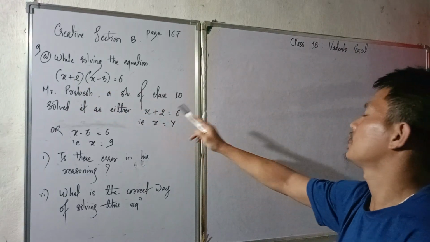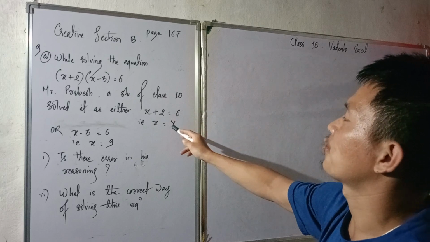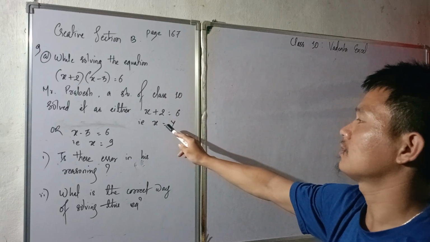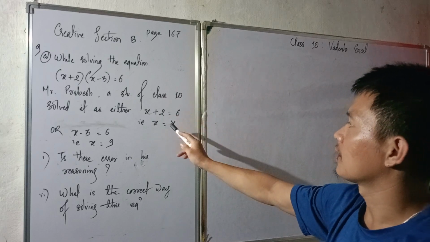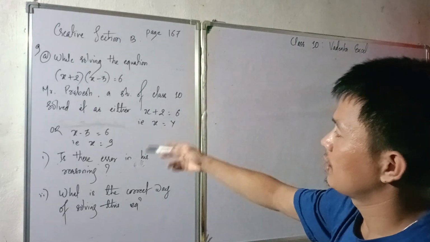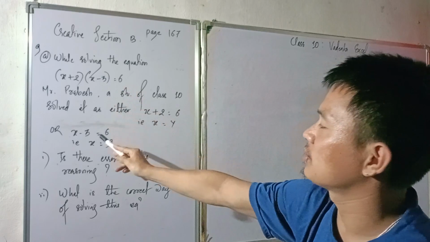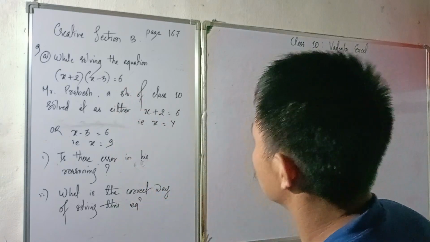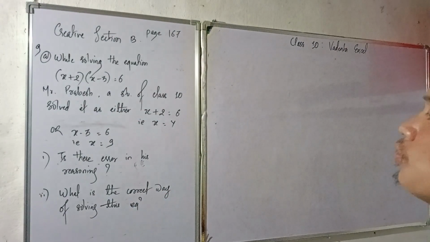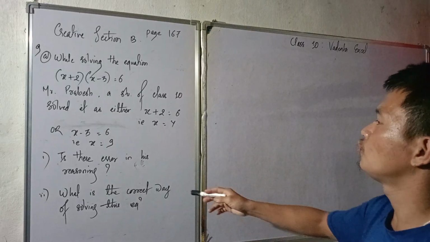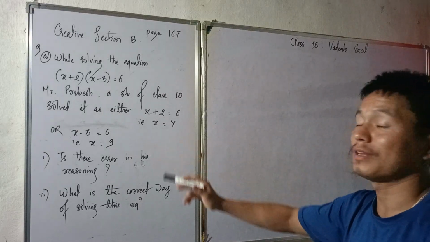When you move to the other side, it gets subtracted. The value of x he got is 4. And again, or x - 3 = 6, which means x = 9. So he got two values for x, that is 4 and 9.